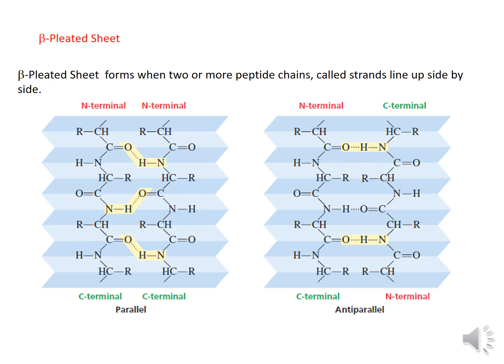Therefore, it is called an anti-parallel beta pleated sheet. In both parallel and anti-parallel beta pleated sheets, one could observe hydrogen bonding between the carbonyl oxygen and the NH group of the amide linkage of the other sequence.